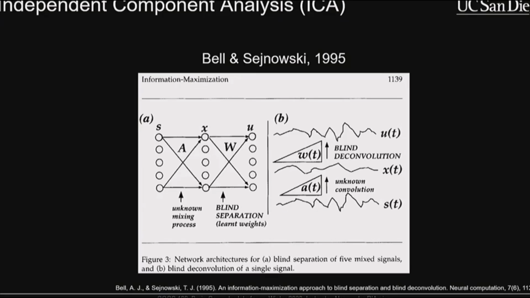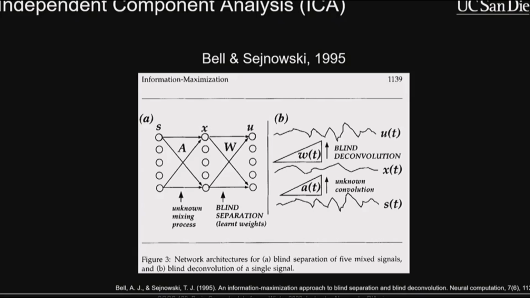What ICA can do is it can take those sources, which are a summation, there's mutual information in all of those. It can learn this matrix that maximally reduces the amount of mutual information each of the microphones have.